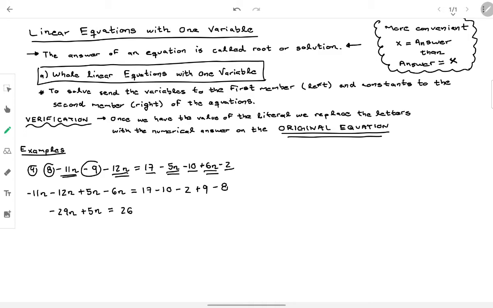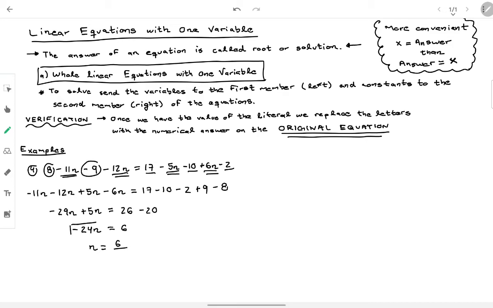The negative ones is going to be minus 20. So in this part, it's going to be minus 24n equals 6.